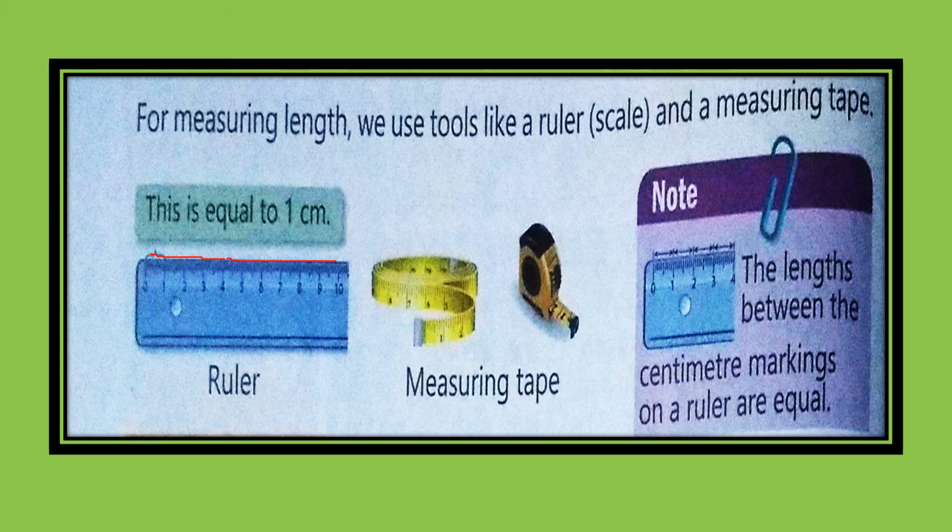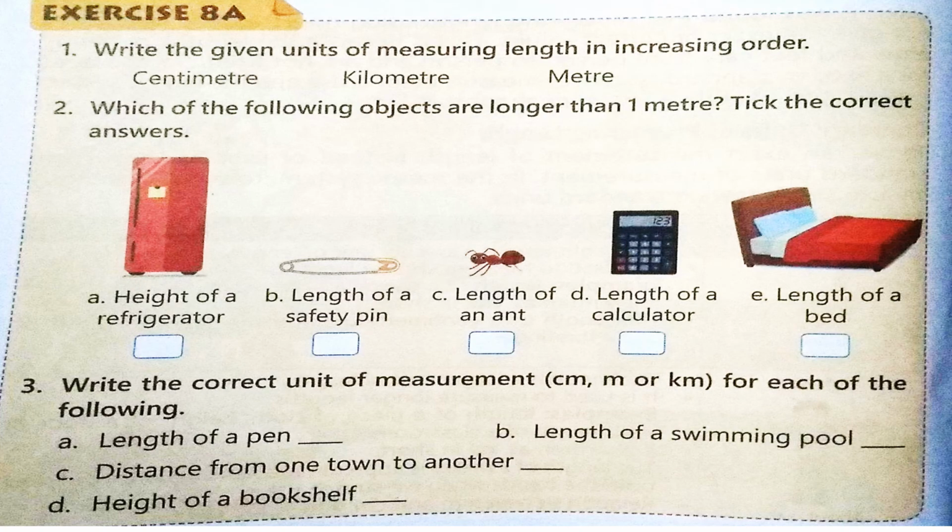Okay. Now, here is the exercise. Write the given units of measuring length in increasing order. Increasing order means what? From small to big. So which one is the smallest? On the smallest one, we will write 1.